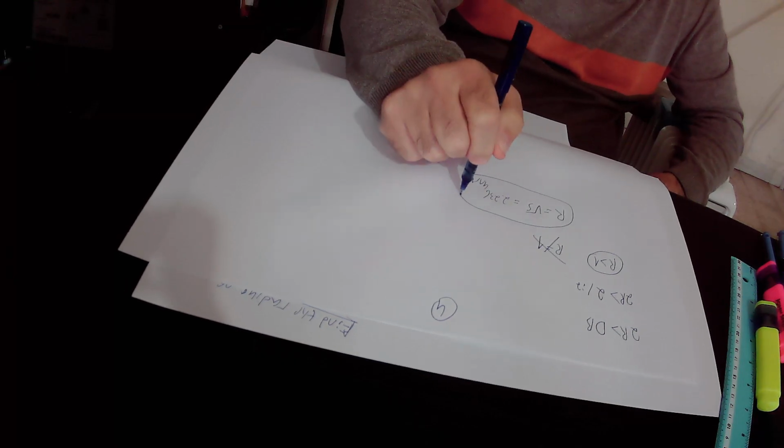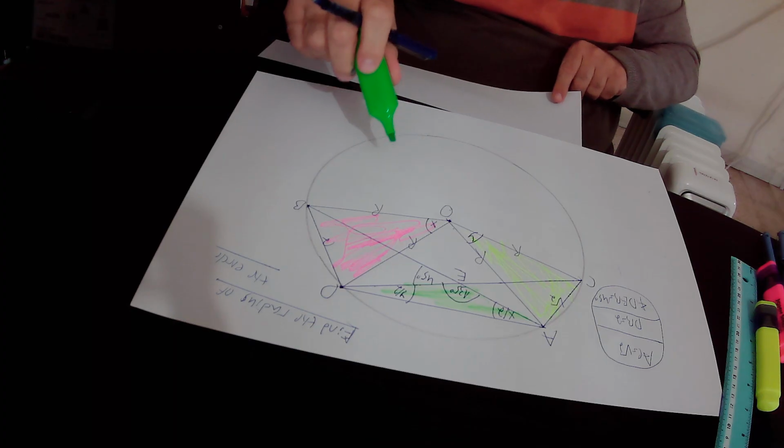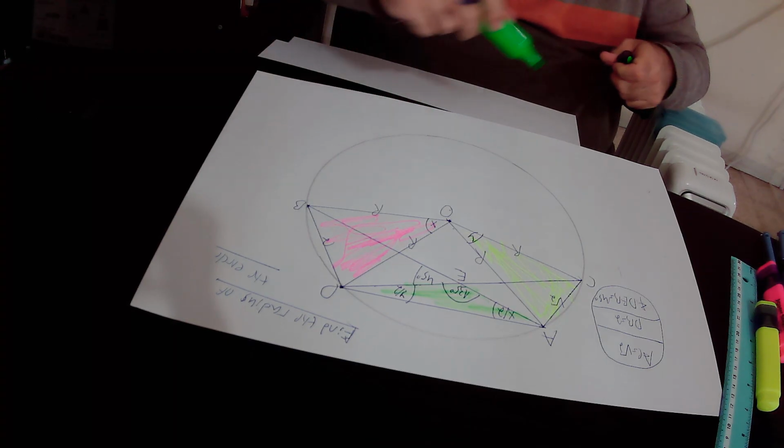In the next step, we will summarize the lecture. I repeat again here that the radius of this circle R equals the square root of 5 units, or in terms of numbers, 2.236 units.